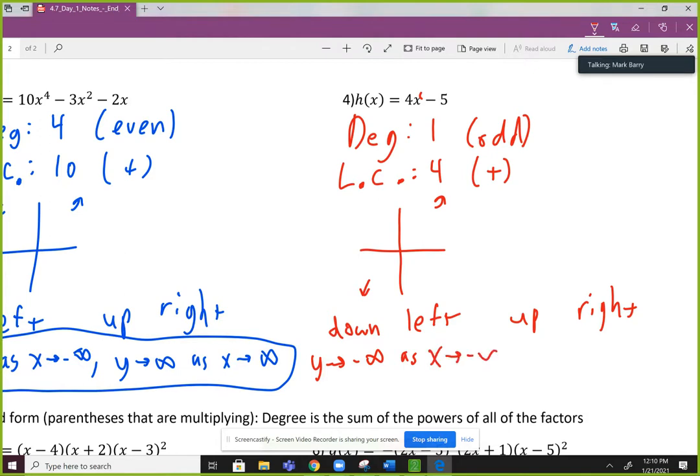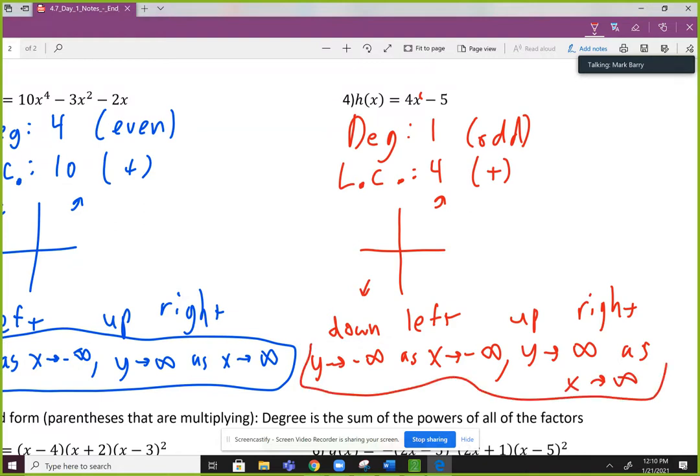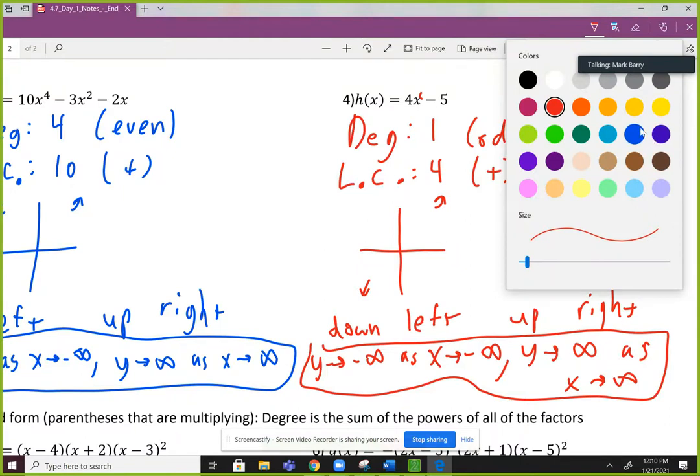Left we know is x negative. Up is y positive. And right is x positive is what I meant to say there. All right. So we saw examples of all 4 there, correct?